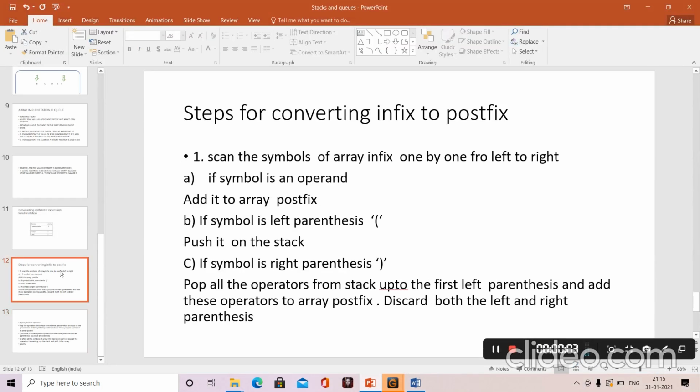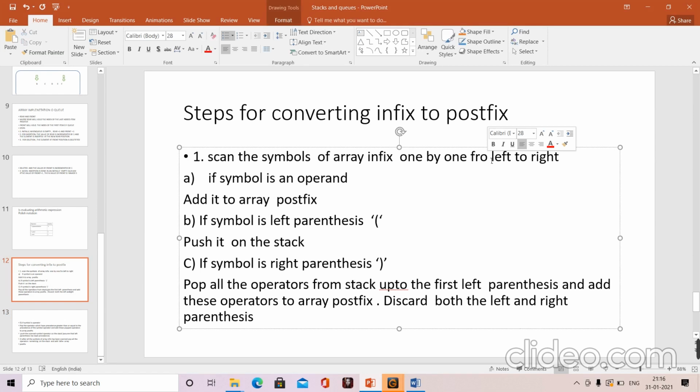Now, dear students, these are the steps for converting your infix expressions to postfix expressions. In the very first step, we have to scan the symbols of array infix one by one from left to right. If the symbol is an operand, then we add it to the array postfix.